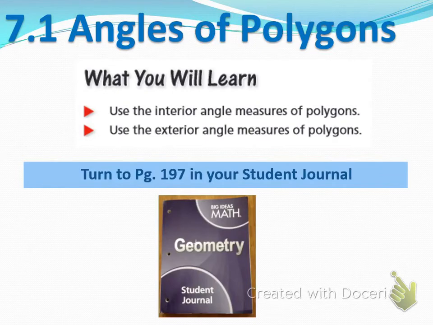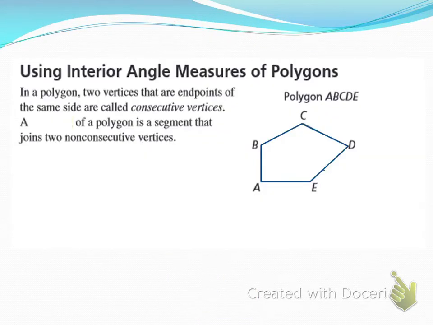So, we're going to start with this. In a polygon, you have a fill in the blank. In a polygon, two vertices that are endpoints of the same side are called consecutive vertices. So pick a letter, any letter that's on this polygon. E. What is E consecutive with?